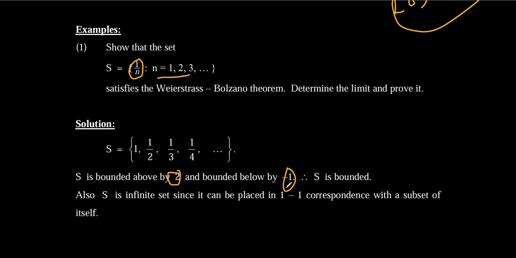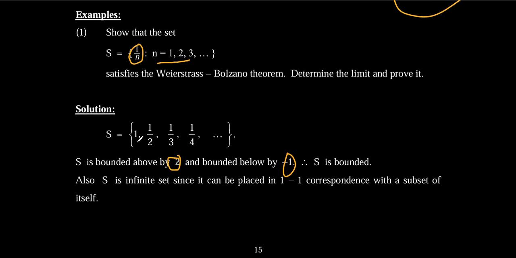Hence, we say that the set S is infinite since it can be placed into a one-to-one correspondence with a subset of itself. Remember the previous one: if I pick from 1 to 2, there exist infinitely many numbers between them, and between any two of those numbers there also exist infinitely many numbers. So that's the one-to-one correspondence with itself.